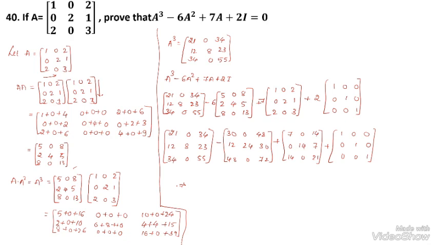Here 21 minus 30, that is minus 9 plus 7 plus minus 2 plus 2 is 0. 0 0 0. 34 minus 48 minus 14 plus 14, 0. 12 minus 12, 0. 8 minus 24 minus 16, here also 14 plus 2 plus 16 minus 16 getting 0. 23 minus 30 minus 7 plus 7, 0. 34 minus 48 minus 14 plus 14, 0, 0, 0. Hence the proof of the given problem.